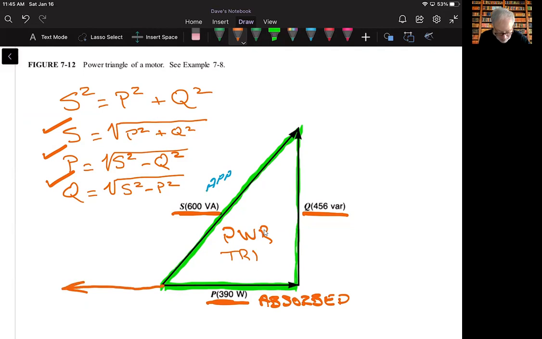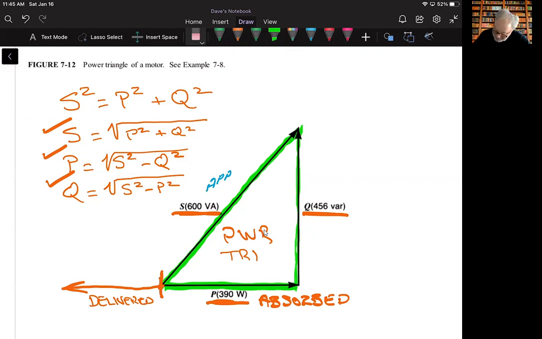I'm having trouble thinking of something relevant that would show that. But think of this as being the zero point: delivered would be to the left, absorbed would be to the right. That's just kind of arbitrary, a way for us to understand things.